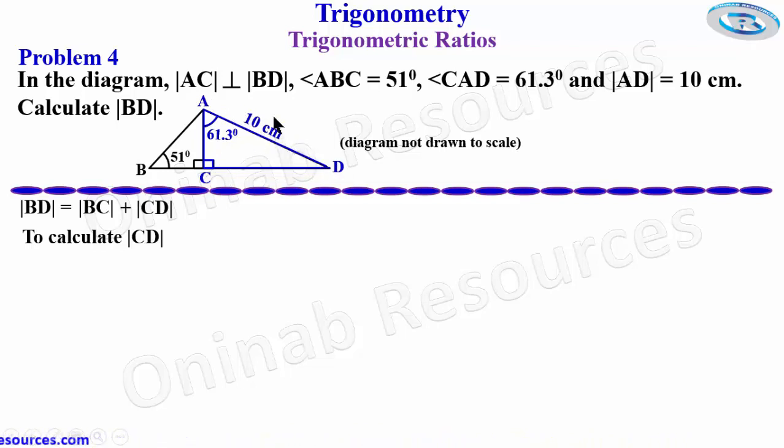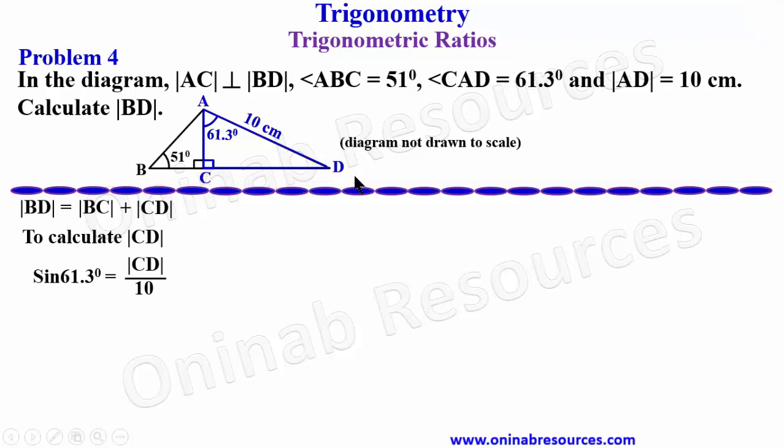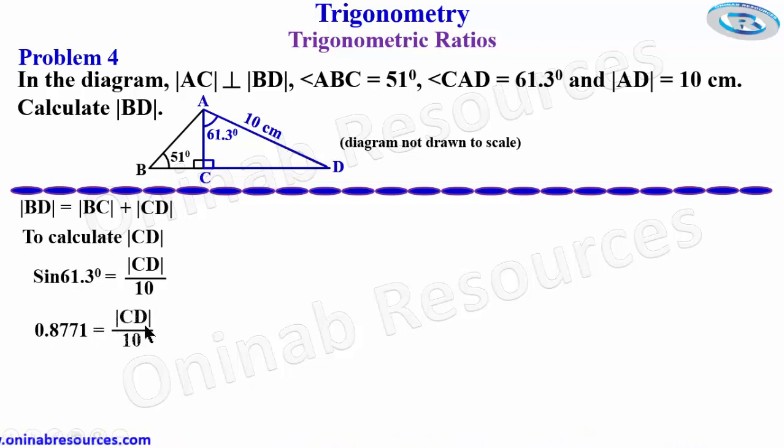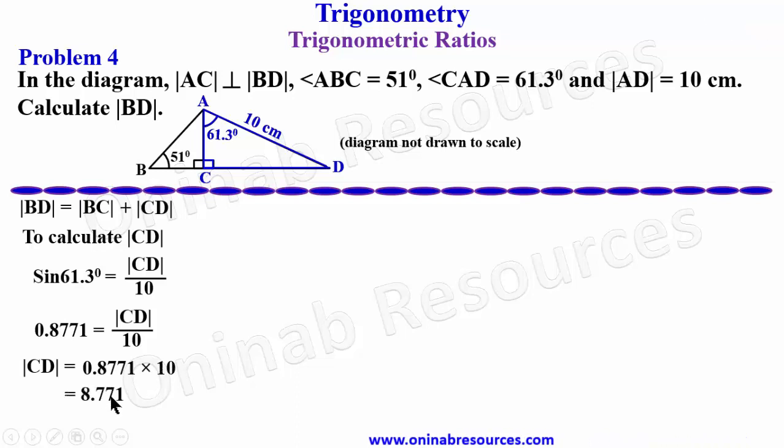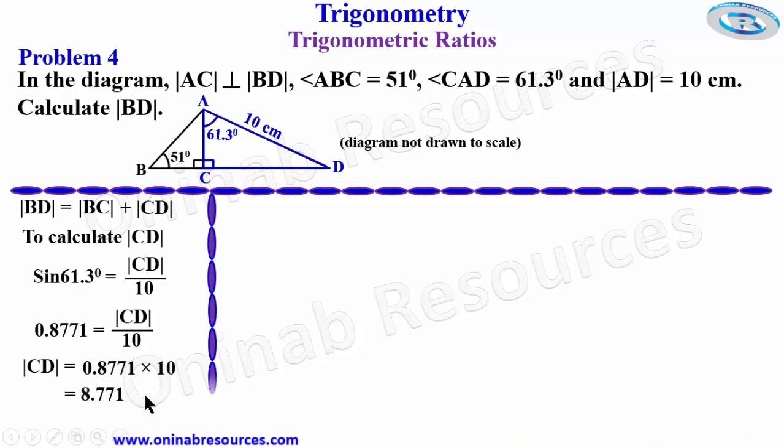The ratio combining opposite and hypotenuse is sine. So sine 61.3 degrees is equal to CD over 10. The value of sine 61.3 degrees is 0.8771, which is equal to CD over 10. Making CD the subject of the relation, we have 0.8771 times 10, which gives 8.771 centimeters.